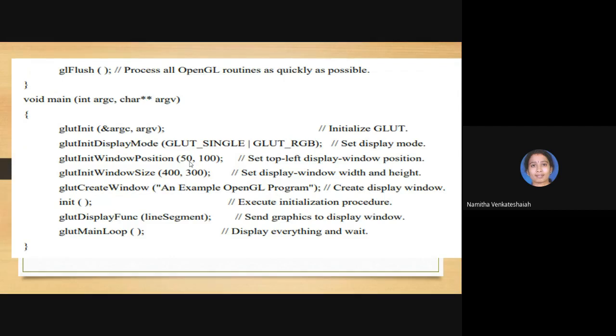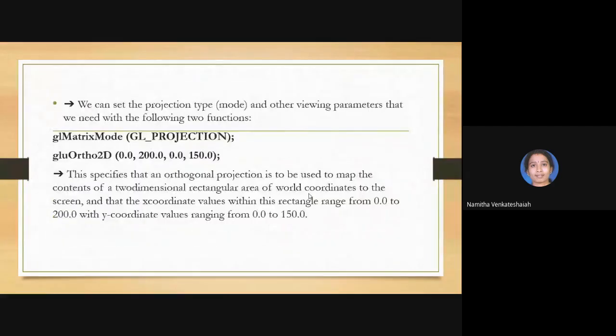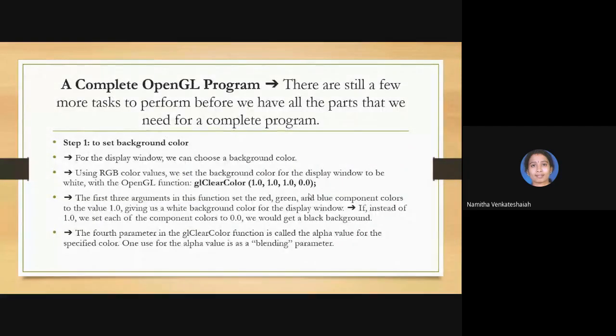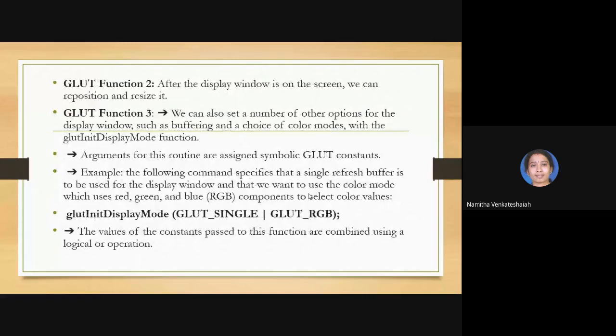Then about this function I already told, glut create window. This function will create the window with this particular title, an example OpenGL program. You can give your own title into this. So those are the glut functions we covered.